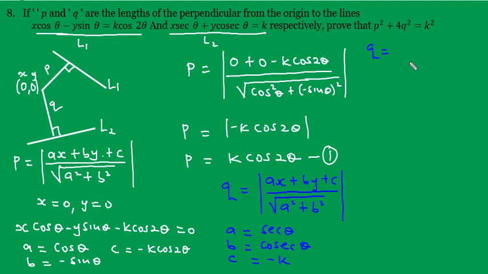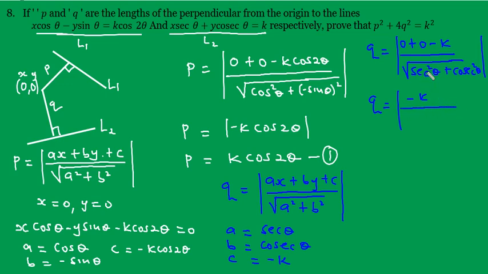Q will be equal to, now a x, that is sec theta times x, our x is 0, so that is 0 plus, again this is going to be 0, then minus k divided by the square root of sec squared plus cosec squared. So we shall get q equal to the modulus of negative k.